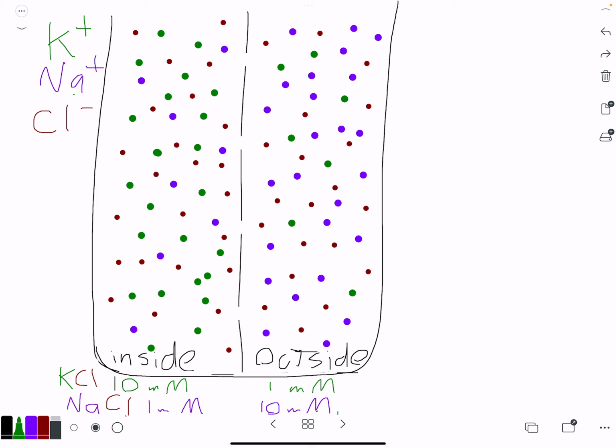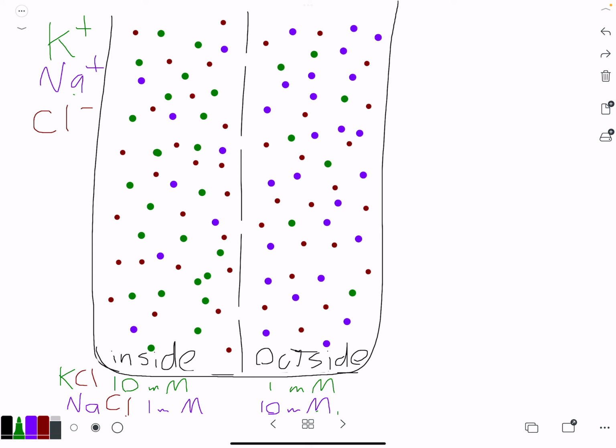And the concentrations are different on the left side, or what we're calling the inside. This is representing the inside of our neuron: 10 millimolar of potassium chloride and 1 millimolar of sodium chloride. And on the outside, very different concentrations of both of these salt solutions: only 1 millimolar of potassium chloride on the outside and 10 millimolar of sodium chloride on the outside.